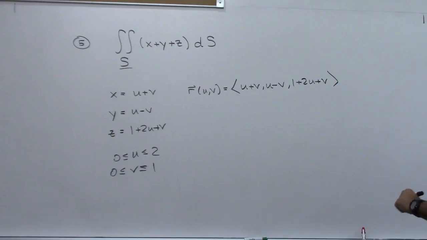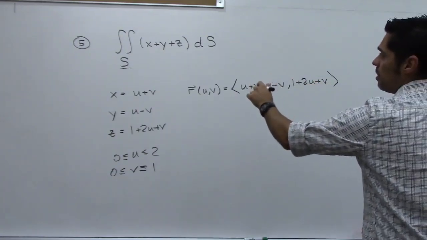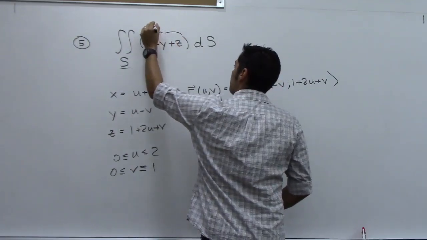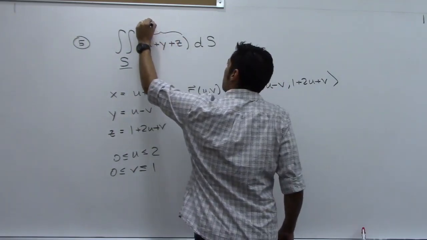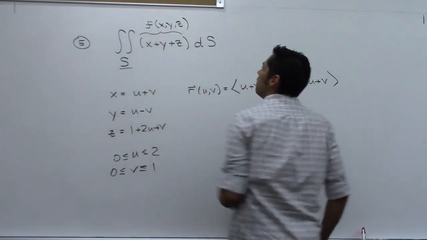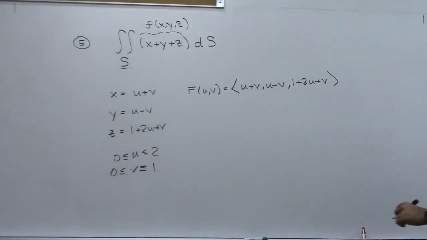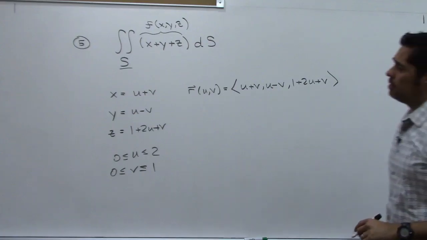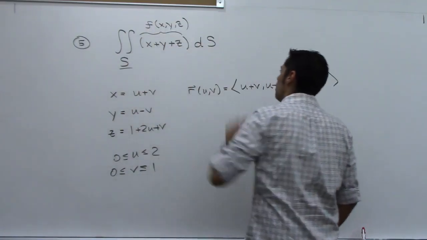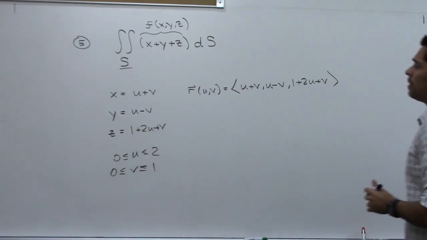And we're trying to find the surface integral. Now this right here is a linear function, which means a scalar function, f of x, y, z. So I'm trying to find the surface integral over the surface S of a scalar function with respect to surface area.